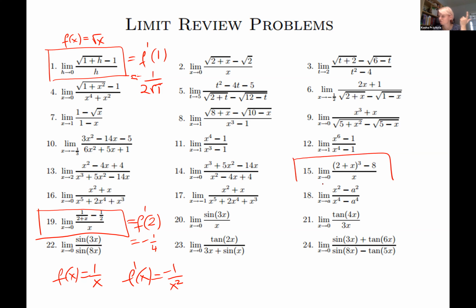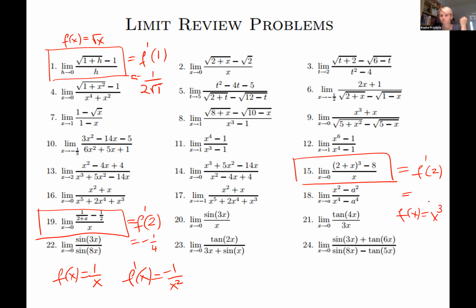This one is actually also the definition of the derivative. Do you think, the derivative of what function? Again, it is at 2. Who can tell me the function? It's x cubed at 2. Thank you. That means the function is x cubed. What's the derivative of x cubed?